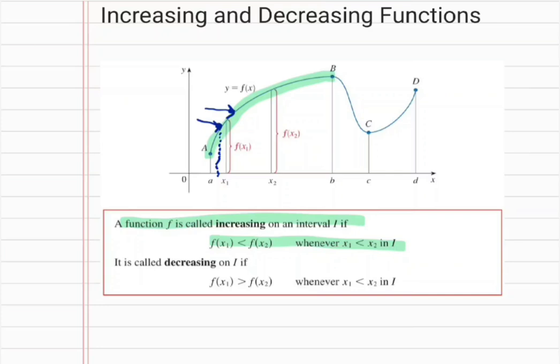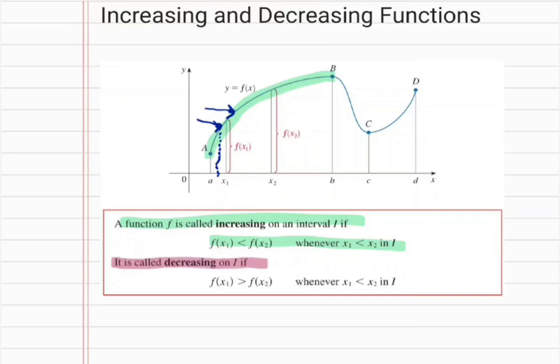Now the definition of a decreasing function is very similar to this one, but with a slight difference. A function is called decreasing on I if f of x1 is greater than f of x2 whenever x1 is less than x2 in I. Let me highlight this with a different color.